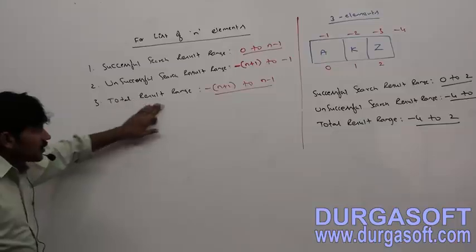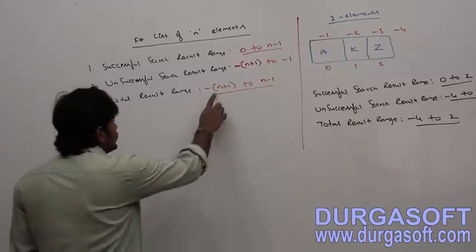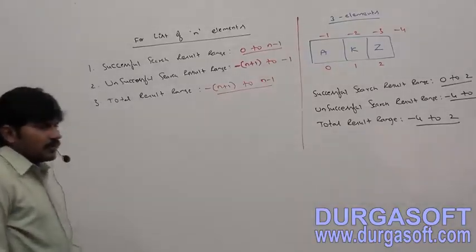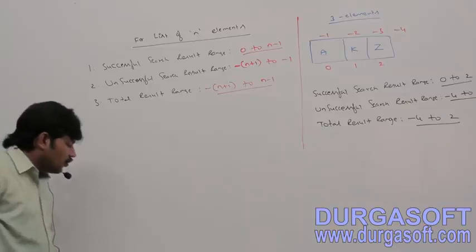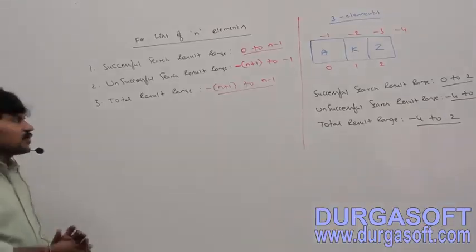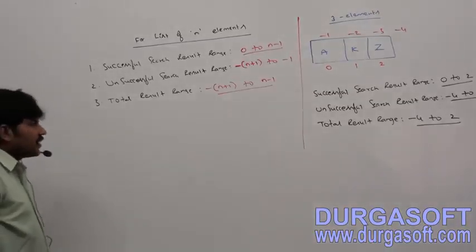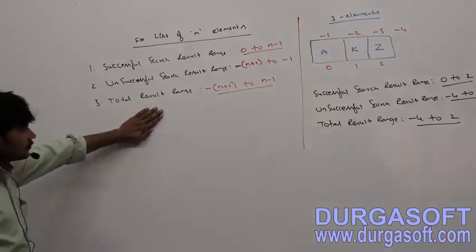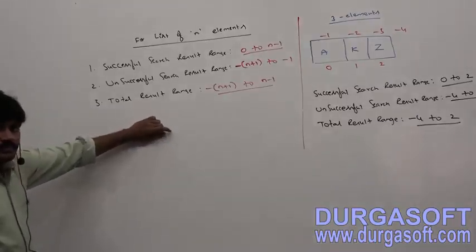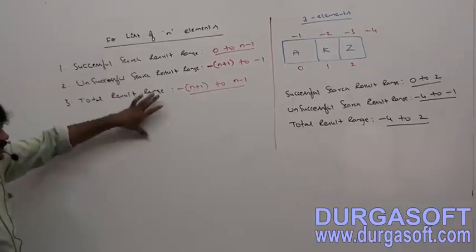Next, total result range: minus of n plus 1 to n minus 1. I hope that's completed, right? Okay, this is for a list of n elements.